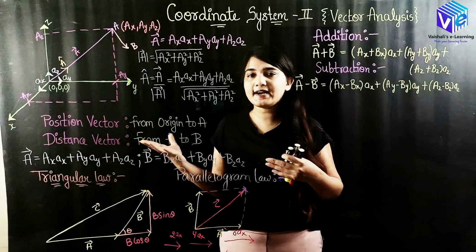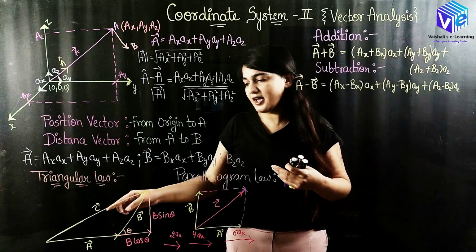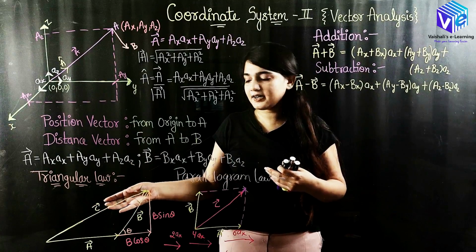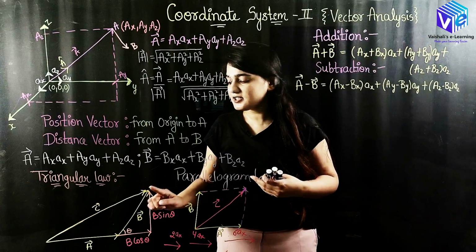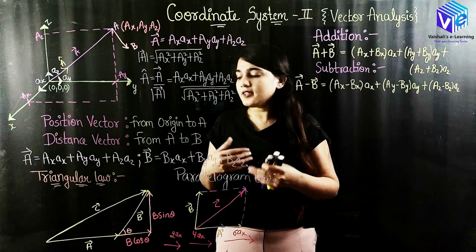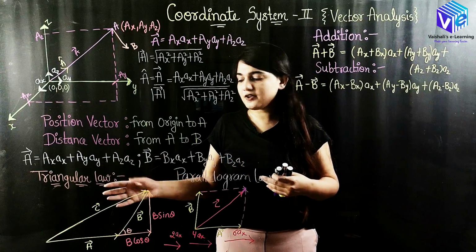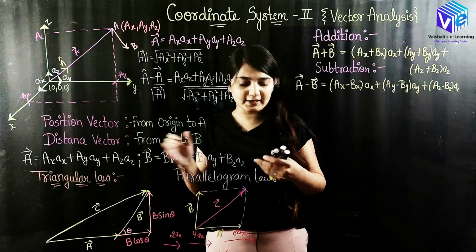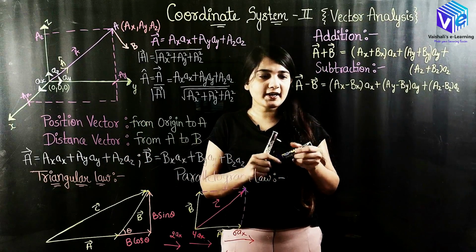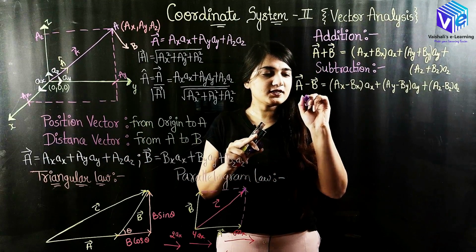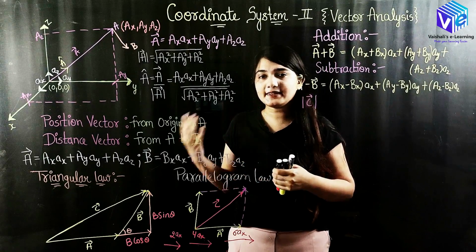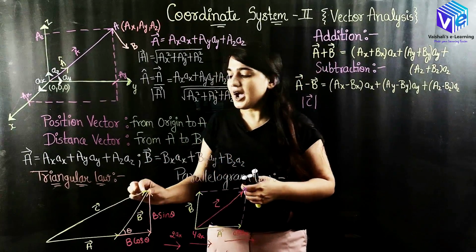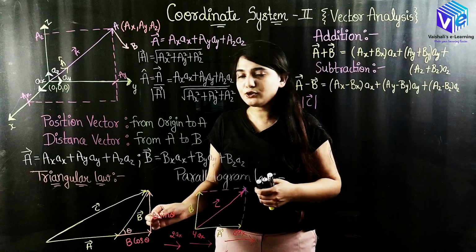So now how can I find this c vector mathematically? I can easily see the direction and the magnitude. From this triangle I can find the magnitude as well as the direction of the c vector. If I want to find the magnitude of the c vector, how can I denote it? The magnitude of the c vector can be given with the help of the Pythagoras theorem. Now what I have done is resolved this b vector into two components.